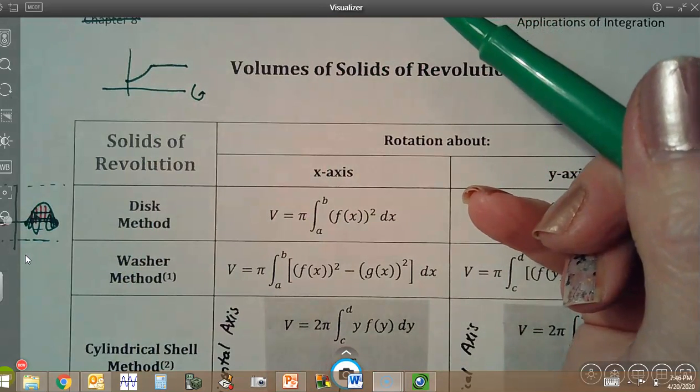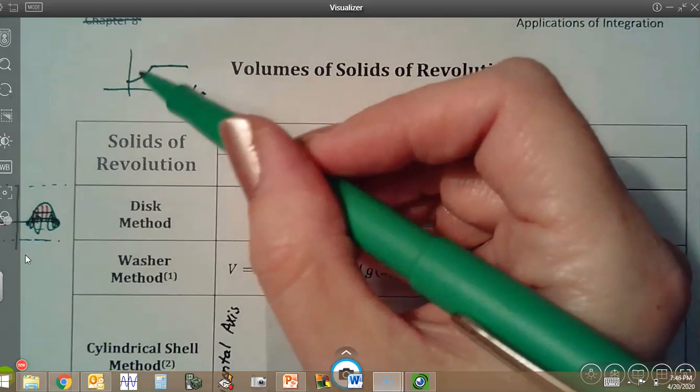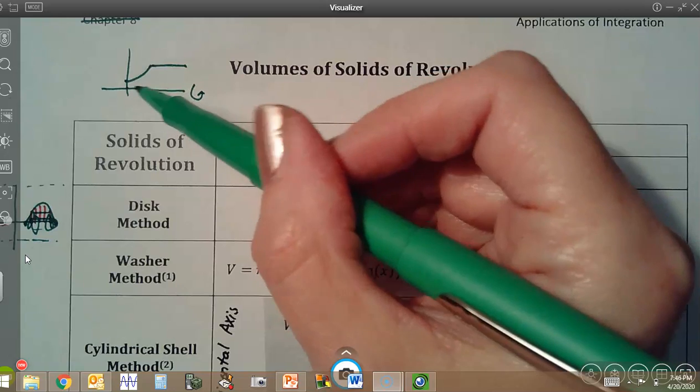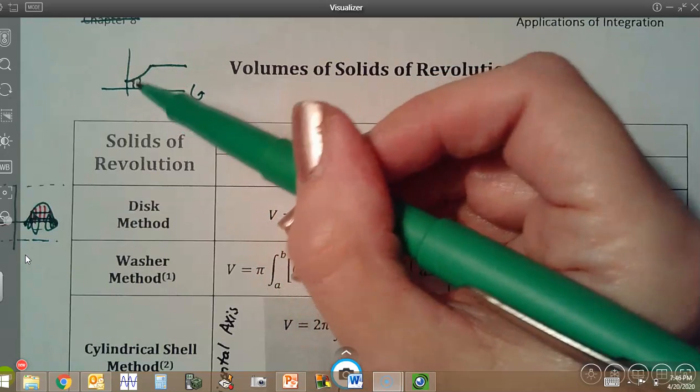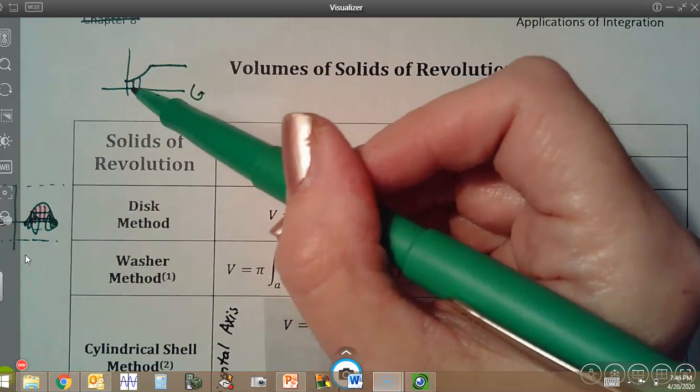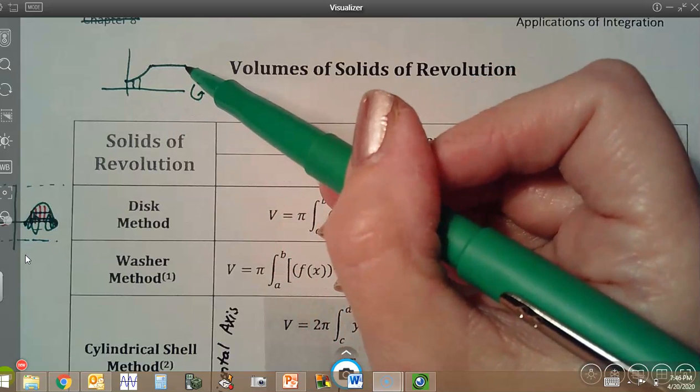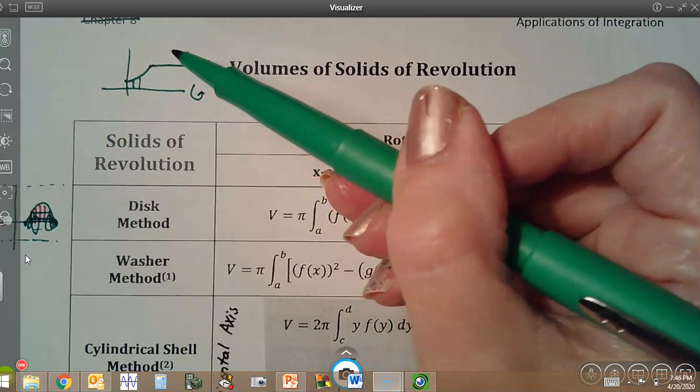In this situation, I could use the disc method because it's all flush against the axis, and I could have my discs, but I would have two different integrals. I'd have the integral for this parabola, and then the integral for this straight line.